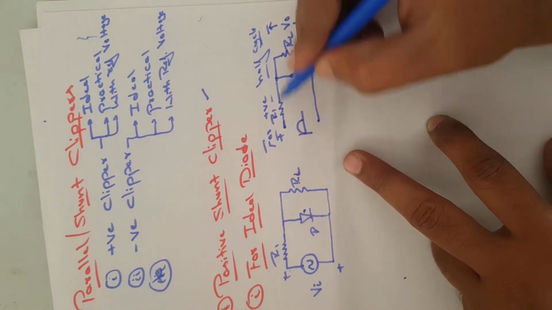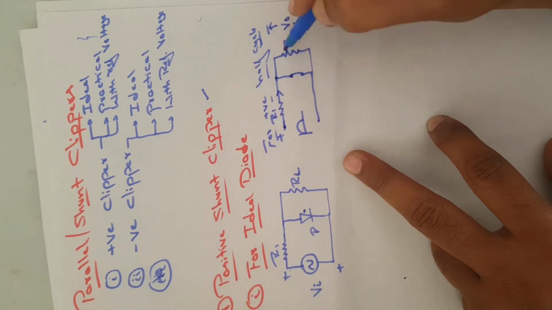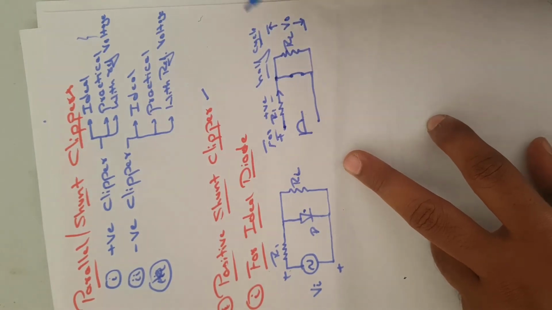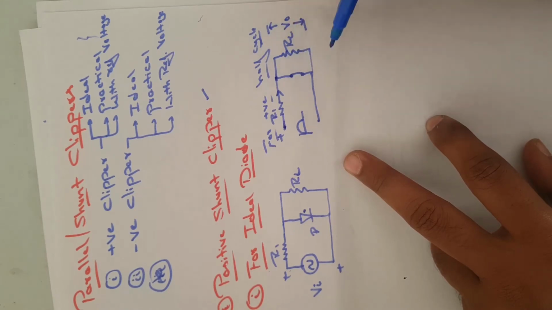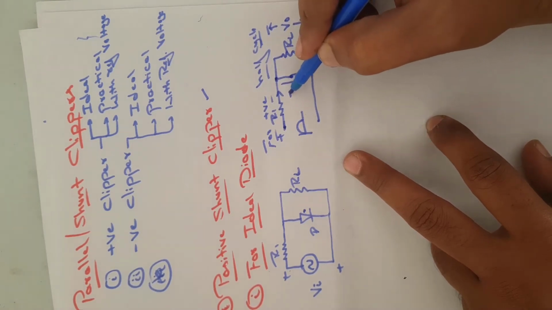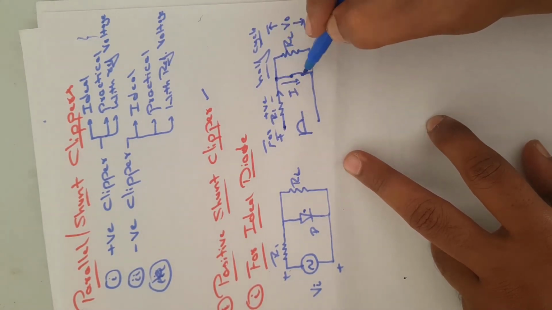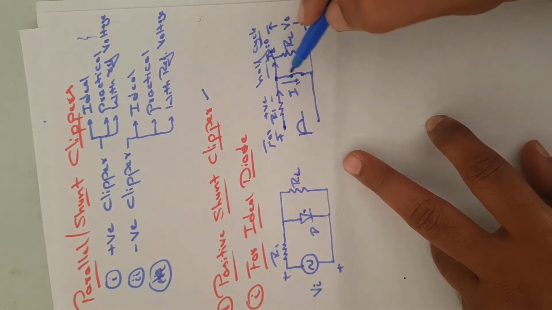Here the current comes from this point. We have two paths for the flow of current, because as we know very well, the current always takes the least resistive path. Among these two, this is the least resistive path. It means all the current will take this path and no current will flow through the load resistance. It means IL is equal to 0, because all the current flows through the diode.